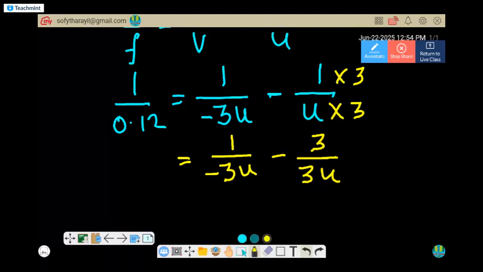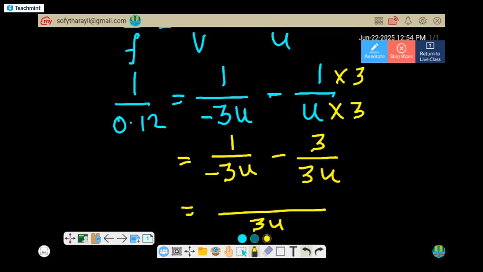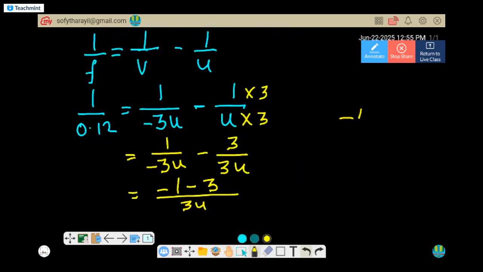So we'll just write the denominator once, and that minus sign I'm giving on the numerator side. 1 minus 1 minus 3, so that's going to become minus 4 upon 3u. And on the left side, you have 1 upon 0.12.